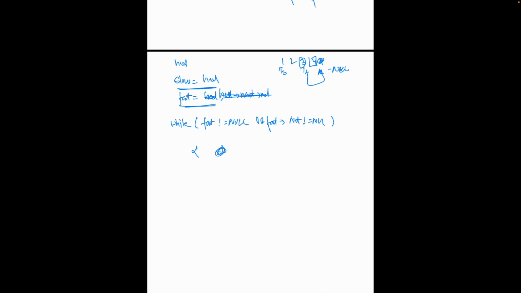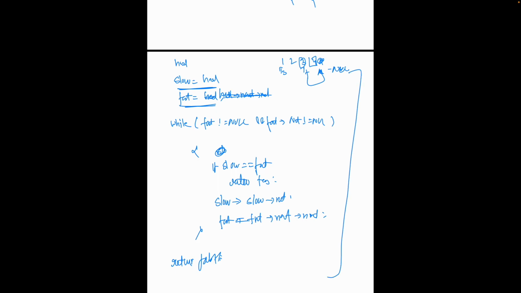What I'm trying to say here is, if slow equals fast, then return true. Or else slow will become slow's next, fast will become fast's next next. And if worst case this loop comes out, we'll return false because we did not find a cycle. Now this code has a loophole, which is the first iteration itself.